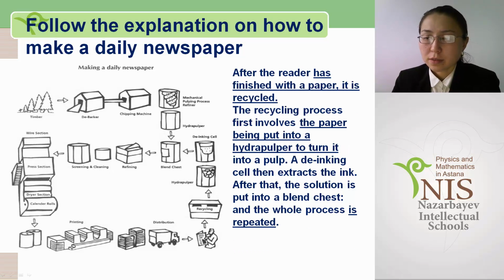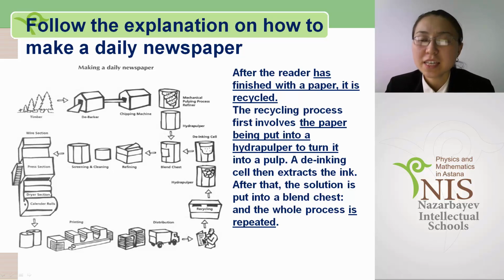And now let's compare our answers. After the reader has finished with a newspaper, it is recycled. And this is the second process, do you remember? The recycling process first involves the paper being put into a hydropulper to turn it into a pulp.